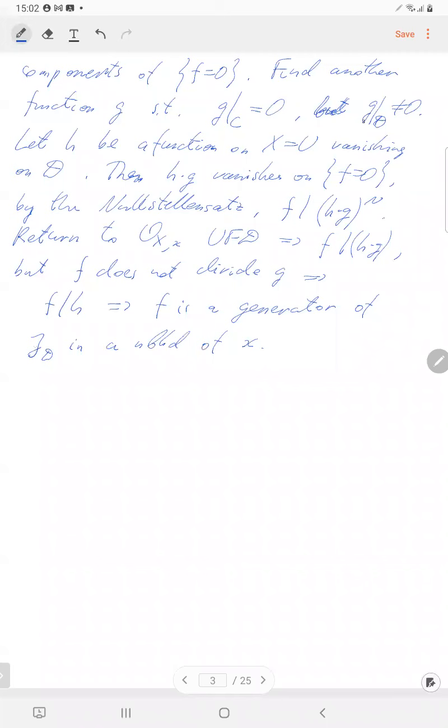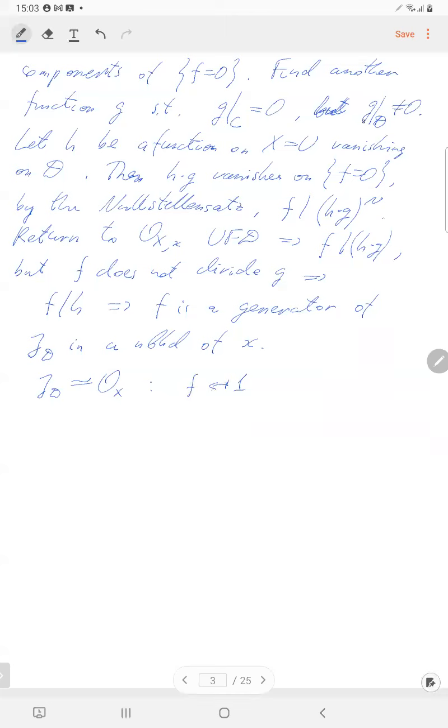We wanted to prove that this ideal sheaf is locally free of rank 1, right? So it means that JD is locally isomorphic to OX, namely the generator 1 of OX goes to the generator F of our ideal.